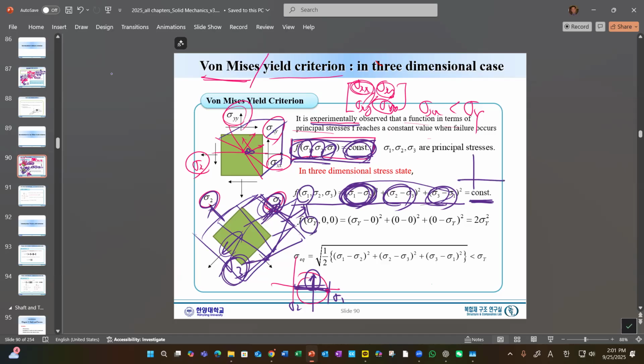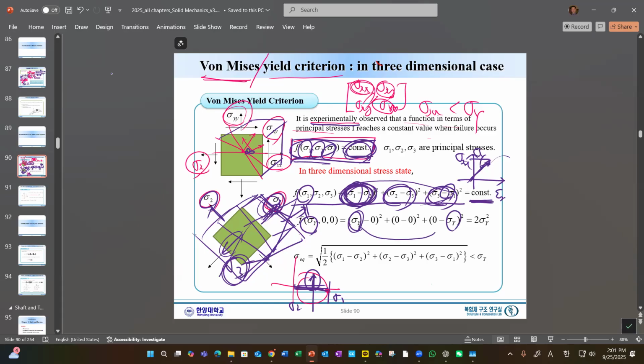remember this stress, this is sigma x and sigma y. So this is a one-dimensional case. So sigma 1 reaches the yield strength. This is the yield strength. The others are all zero because we don't have other stresses.